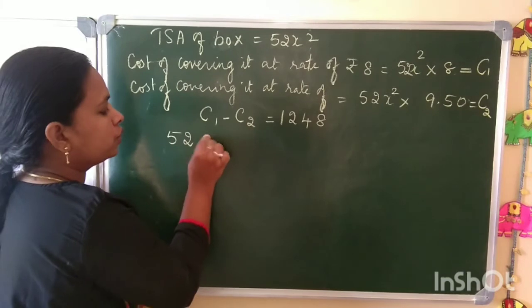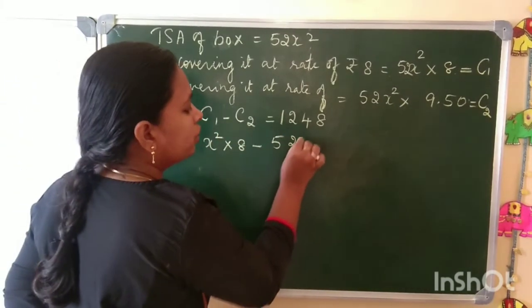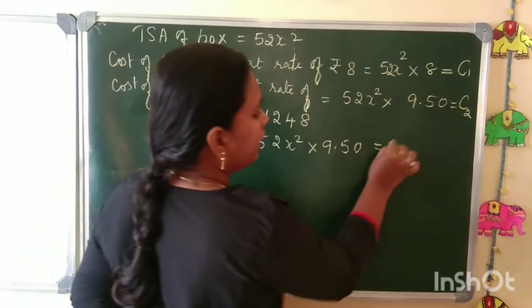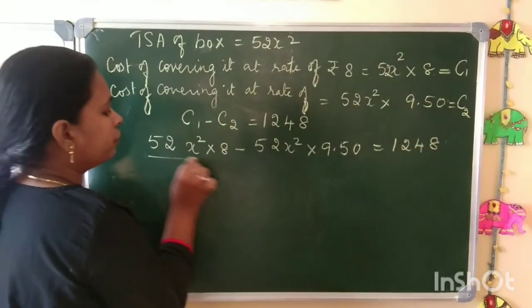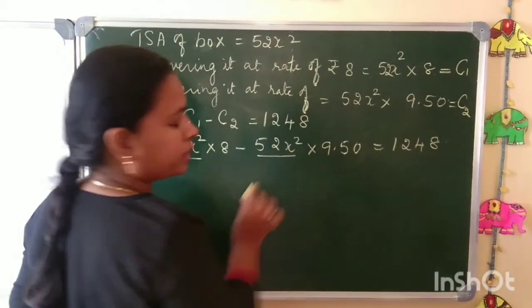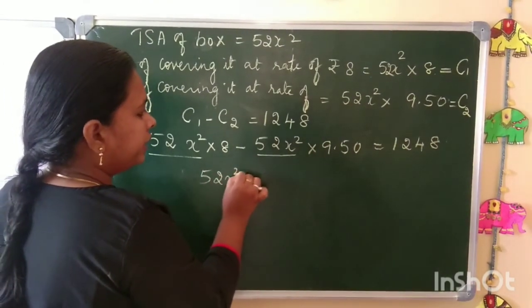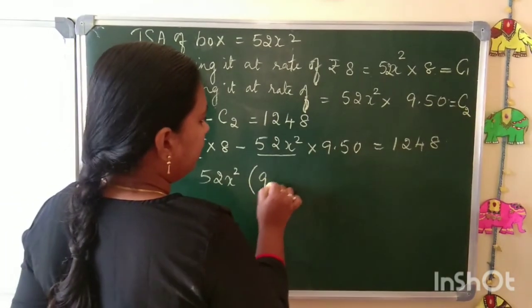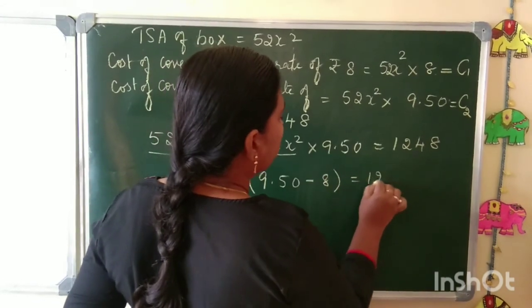It is 52x square into 8 minus 52x square into 9.50, both are equal to 1248. So now we know 52x square and 52x square is common. So we will put it outside the bracket and the remaining one we can write inside. So it will be 9.50 minus 8 which is equal to 1248.